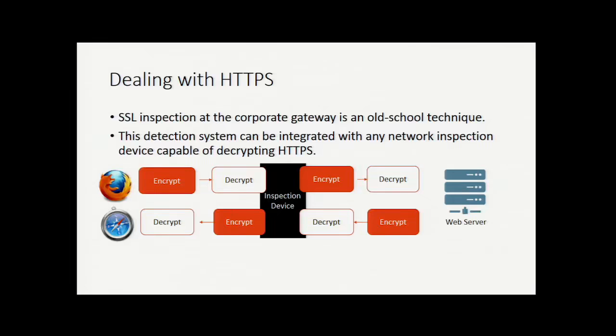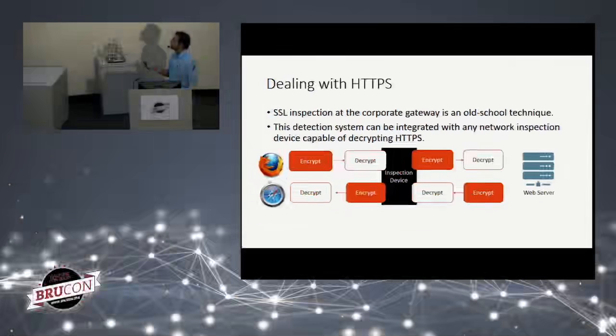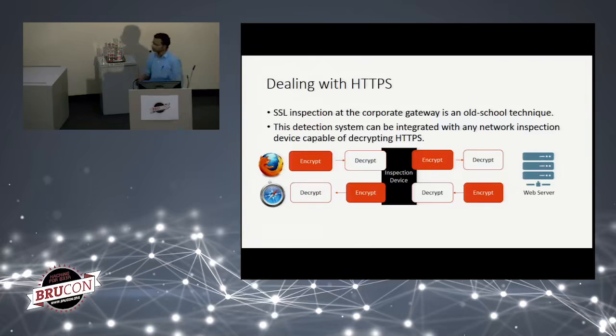It re-encrypts the traffic, the web server then decrypts the traffic, and the response comes in this way. We can implement the same thing in this system as well, where it will be able to inject code into HTTPS traffic as well.